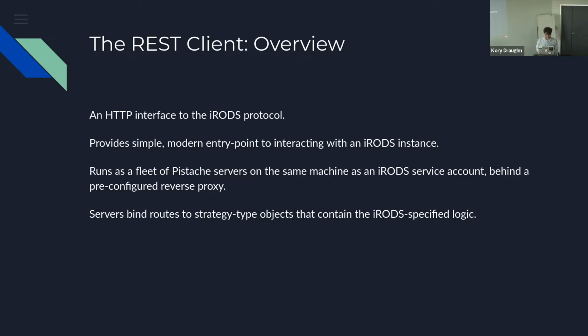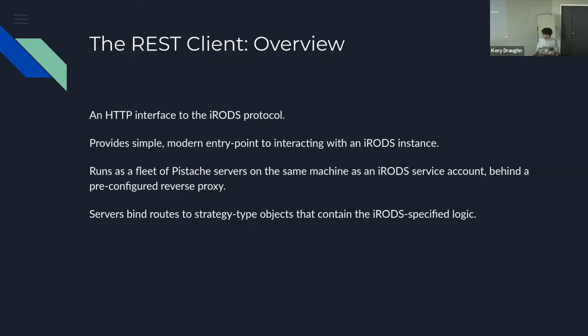It's an HTTP interface to the iRODS protocol, which provides a more simple and modern feeling entry point to interacting with an iRODS instance. It runs as a fleet of Pistache servers that are on the same machine as some iRODS service account.